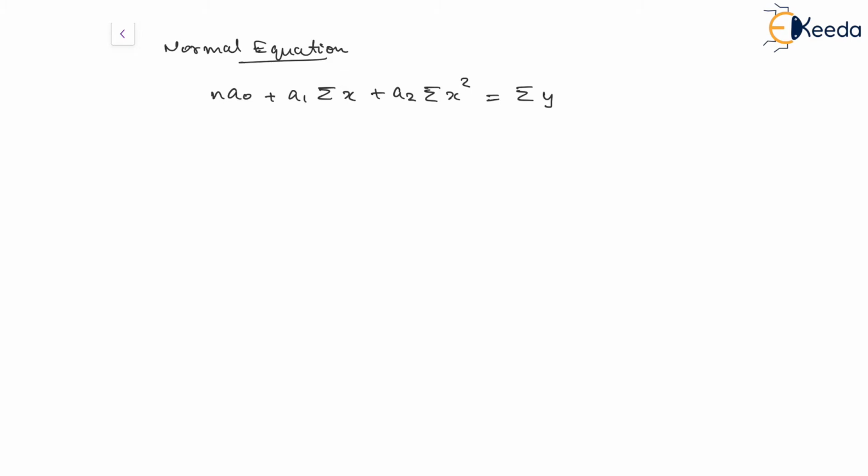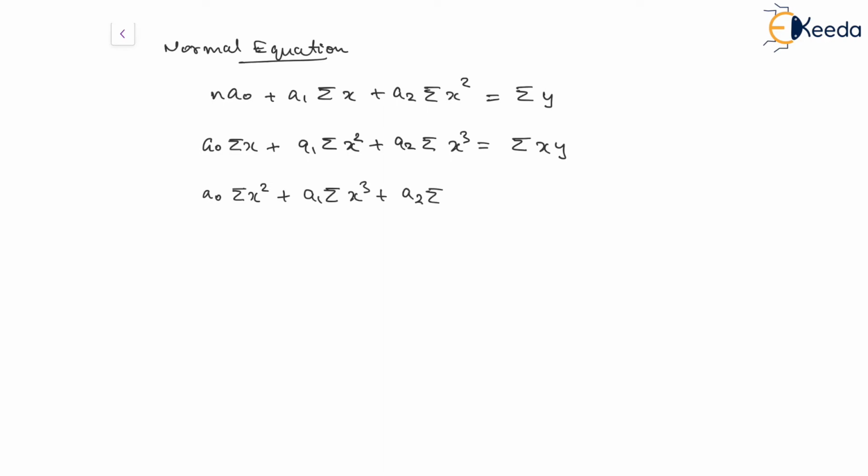Similarly, the second equation will be a0 times the summation of x plus a1 times the summation of x square plus a2 times the summation of x cube, equal to the sum of the product xy. And the third equation will be a0 times the summation of x square plus a1 times the summation of x cube plus a2 times the summation of x to the power of 4, and this will be equal to the sum of x square times y.